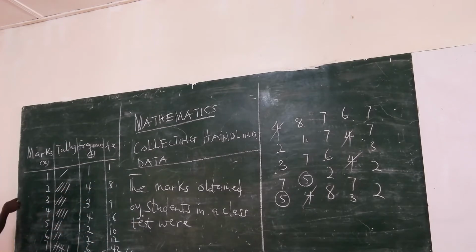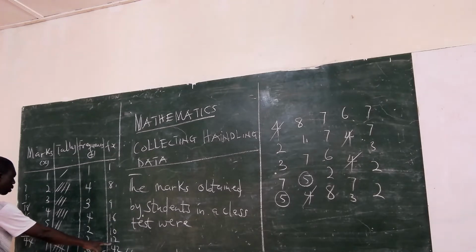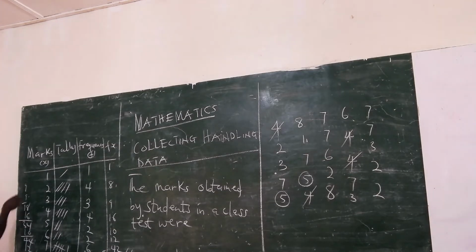So let's add it and see. 1 plus 8 gives us 9. 9 plus 9, 18. 18 plus 16, that's 34. 34 plus 10, that gives us 44. 44 plus 12, that will be 56. 56 plus 42, that will be 98. 98 plus 16.